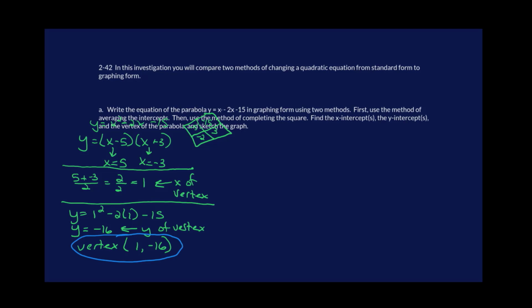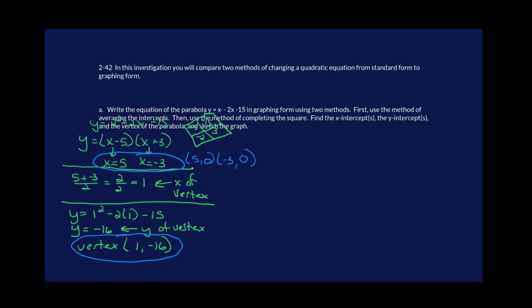They also wanted our x-intercepts, and those are at 5 and negative 3. Typically, I would write it out in coordinate form. But then the last thing it needs for this is what the y-intercept is.